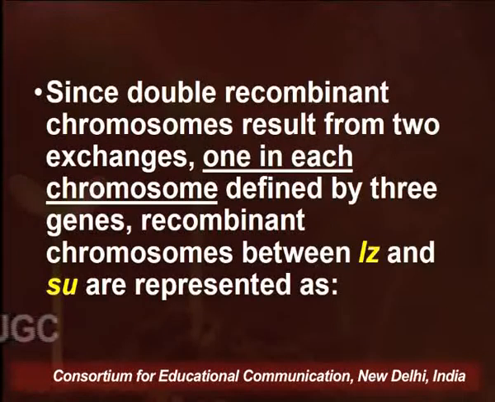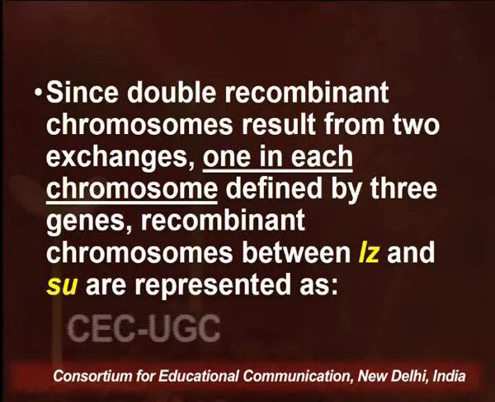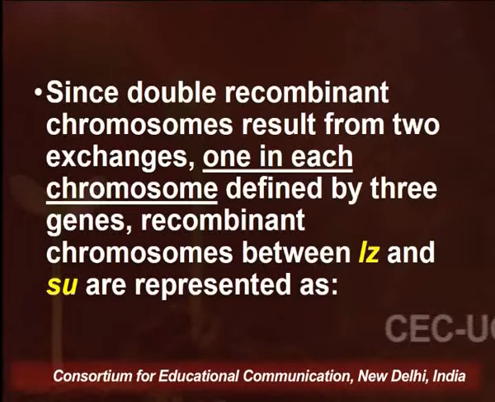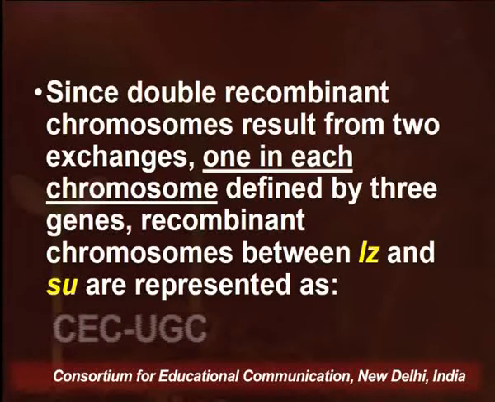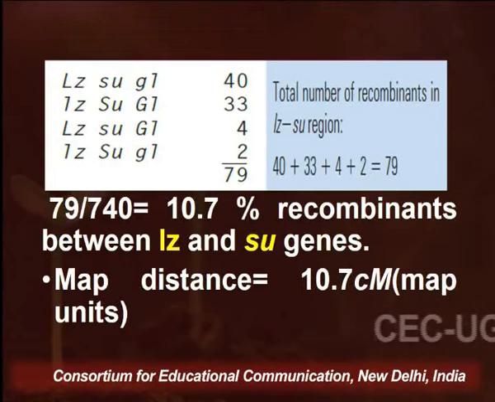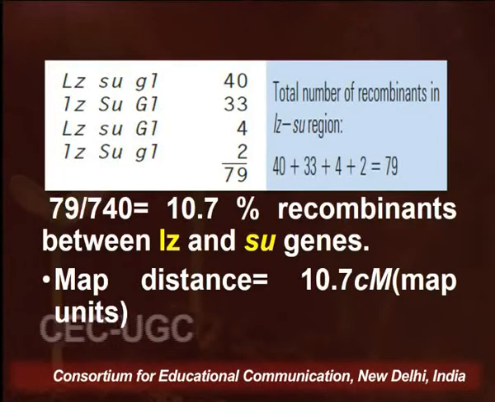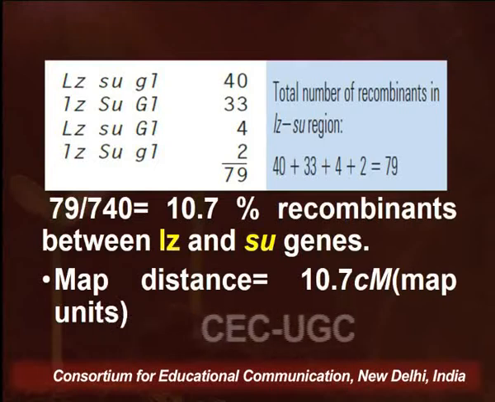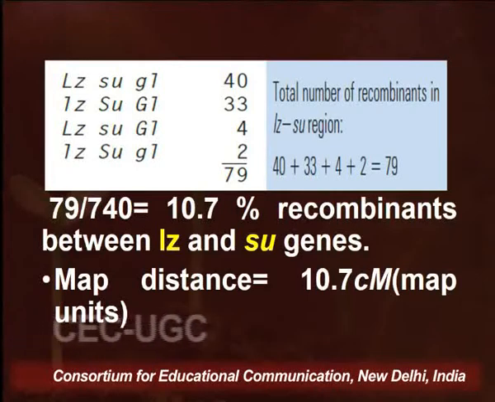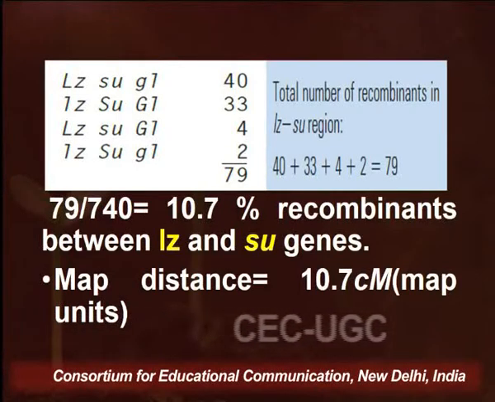So double recombinant chromosomes are going to result from 2 exchanges, 1 in each chromosome, and this is defined by 3 genes, that is LZ, SU. And how do we represent them now? As I said in the previous calculation, 79 was on one hand, that means 79 by 740 would be the percentage, which comes out to be 10.7% of recombinants between LZ and SU.